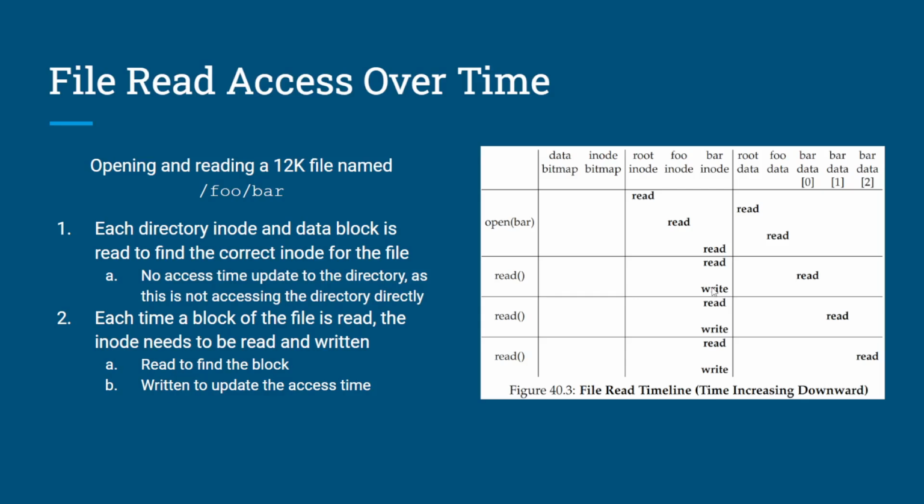We actually read data from it, so it needs to update that time within the bar inode. The read that happens after does the same number of steps. Reads from the bar inode, reads from the data block, and writes to the bar inode. So we can see how many reads and writes are happening within a file system just to read 3 blocks of data.